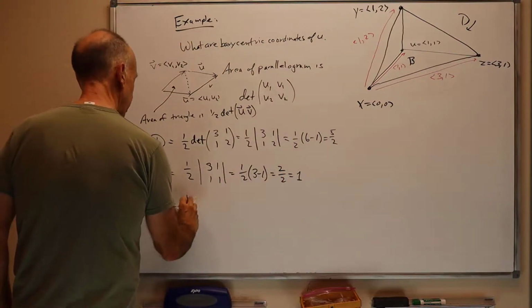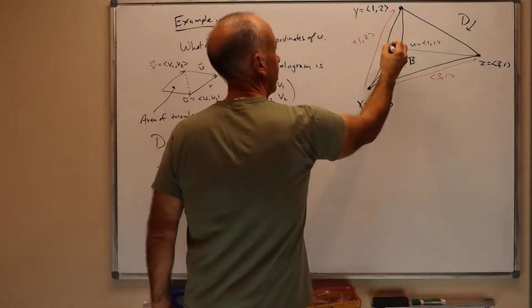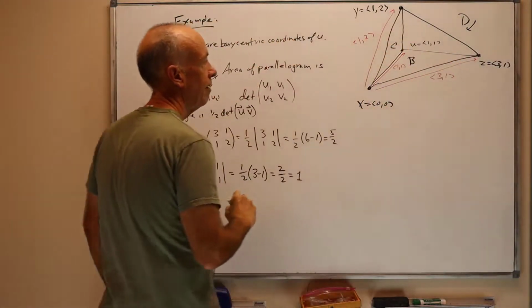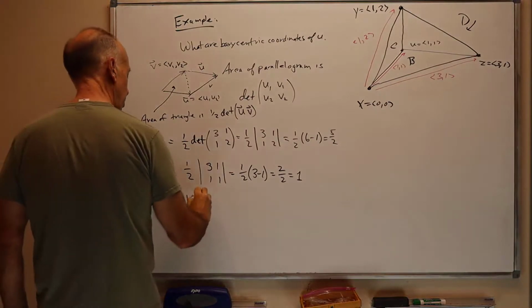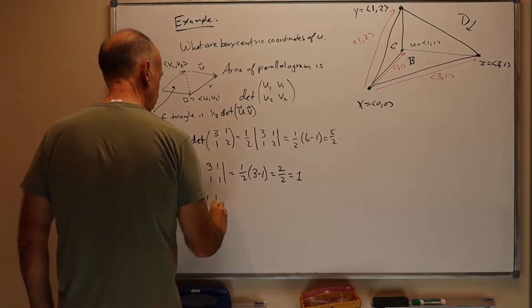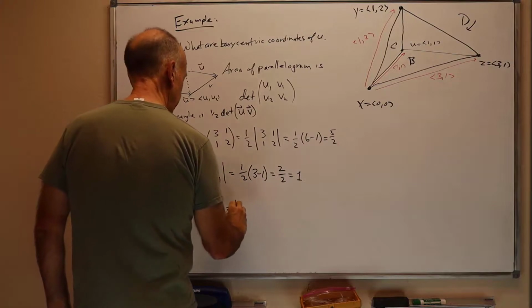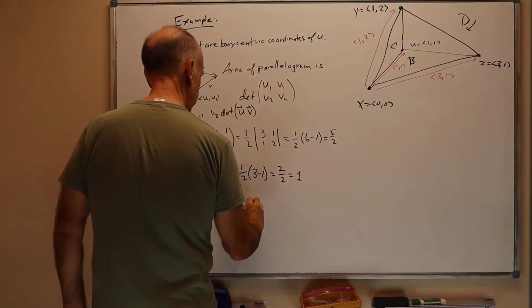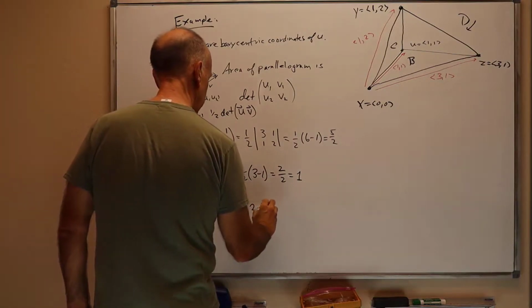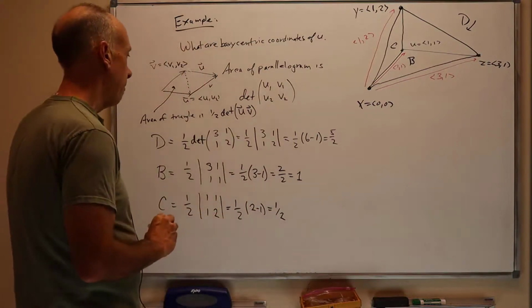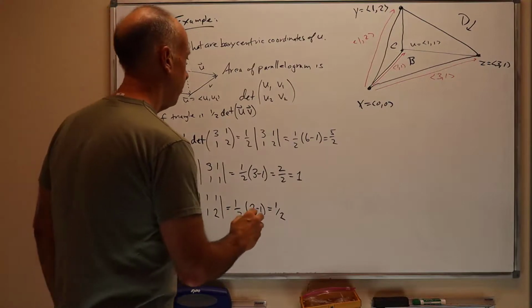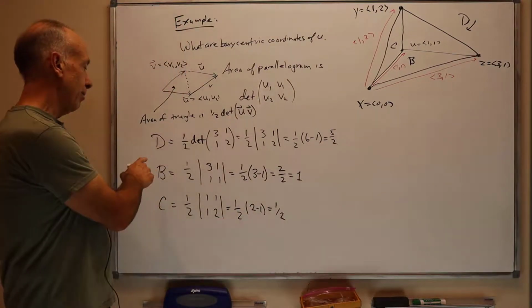C is here. It's the triangle opposite Z. So C has the sides with vectors 1, 1, and 1, 2. So it's 1/2 times the determinant of 1, 1, 1, 2. So that's 1/2 of 2 minus 1, which is 1/2.